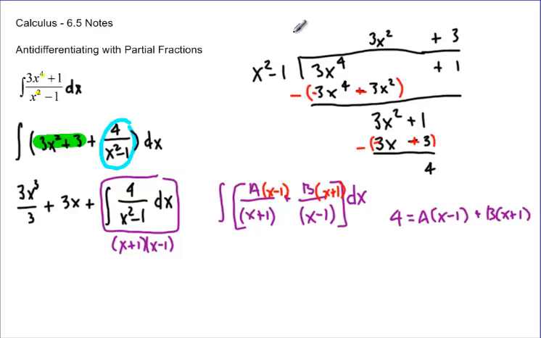Okay, so just go ahead and set up for our two cases. The two cases in this example would be when x equals 1 and when x equals negative 1. Those are the two instances that will give us the zeros that we're interested in. So on this first one, 4 is equal to a times 1 minus 1, that's going to go away, plus b times 1 plus 1. Can you see where this is headed?